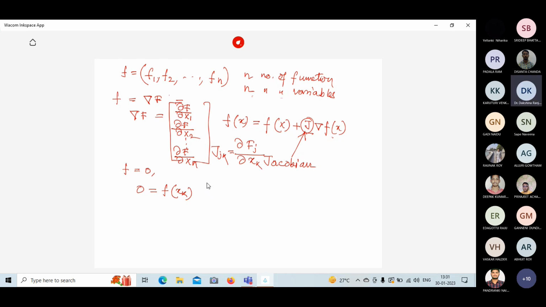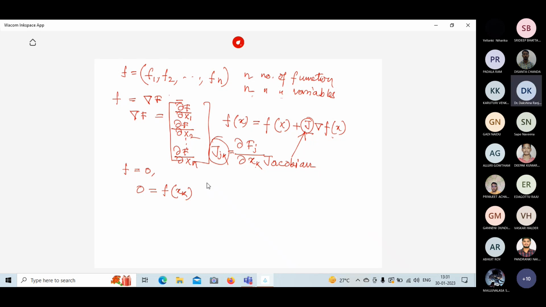That means we are considering the jth function, and here we are considering the xk variable. That means we are getting the partial derivative of the jth function with respect to the xk variable. So this is the Jacobian jk.